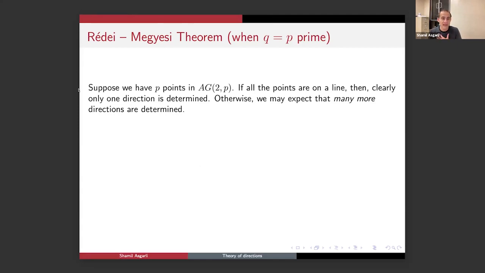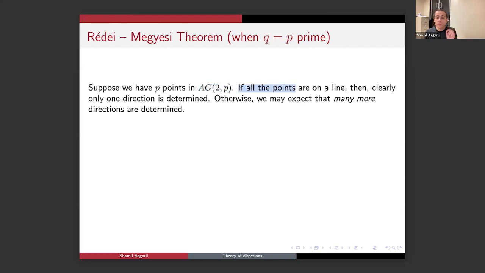I want to emphasize that the Rédei-Megyesi theorem, in its historical form, is only about the case when q, the size of the finite field, is p, a prime. So suppose we have p points in AG(2,p).